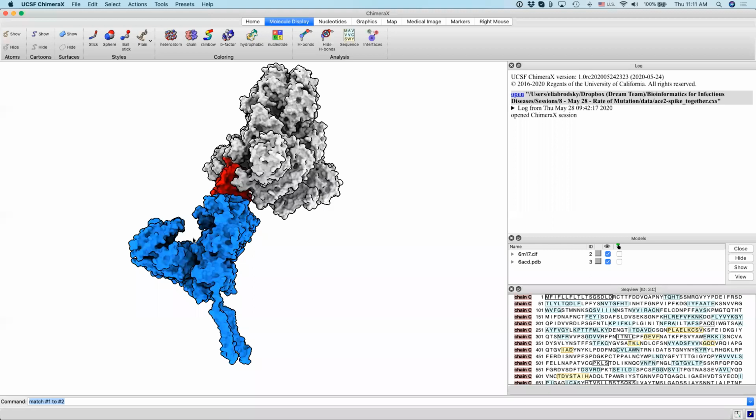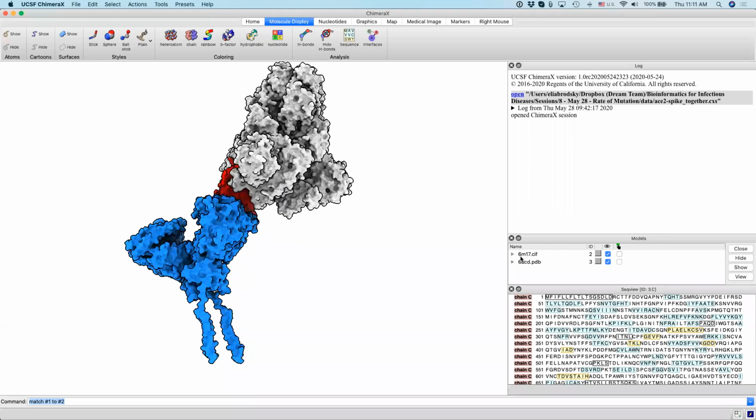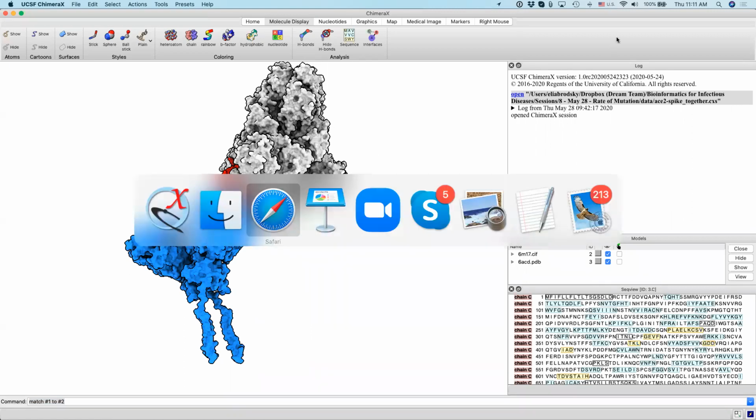So again, here we have two separate models. You can see 6M17 and 6ACD, right? So I'm just going to type them. You now know where to find them. So 6ACD is the spike glycoprotein. Let me just show you here.